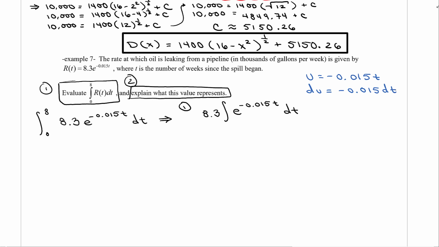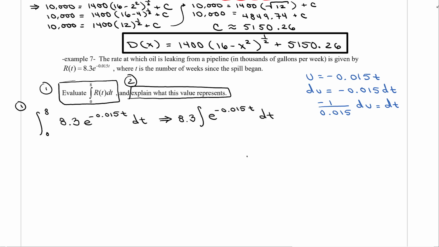And then negative 1 over 0.015 du will be equal to dt. So the one that I wrote to represent the first part, I'm going to erase that one inside the circle and write it all the way to the left in front of the first integral. And I'm going to lasso the second integral and move it a little bit more to the left so it lines up more nicely.